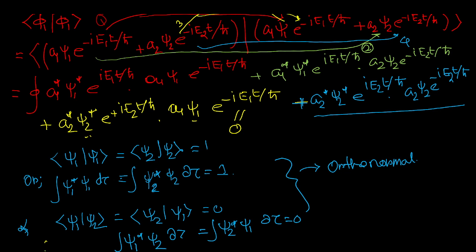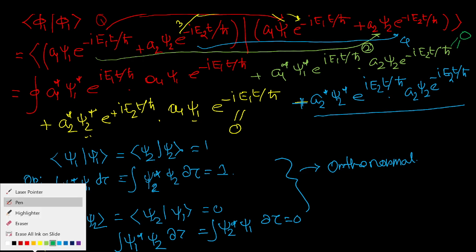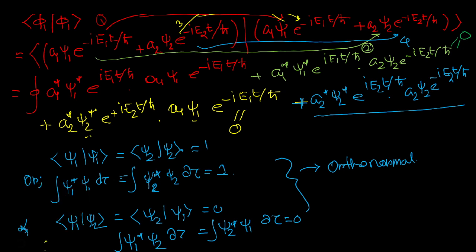Similarly, this term also goes to 0. And this term is also surviving, so there should be two terms, and each will be 1. So what will be left?